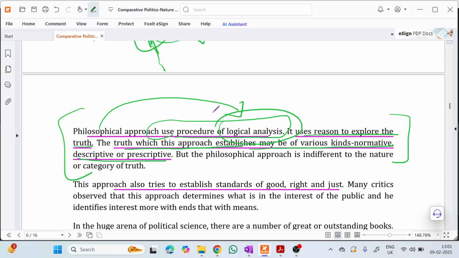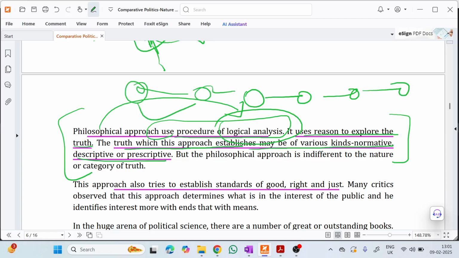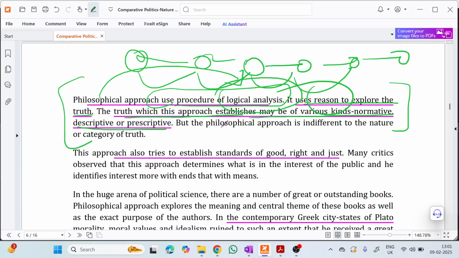Because if you want to know the truth, you need to trace all the events. And when you trace all the events, you reason about the occurrence of such an event or such a group of events. And this logical analysis is incomplete without reason.